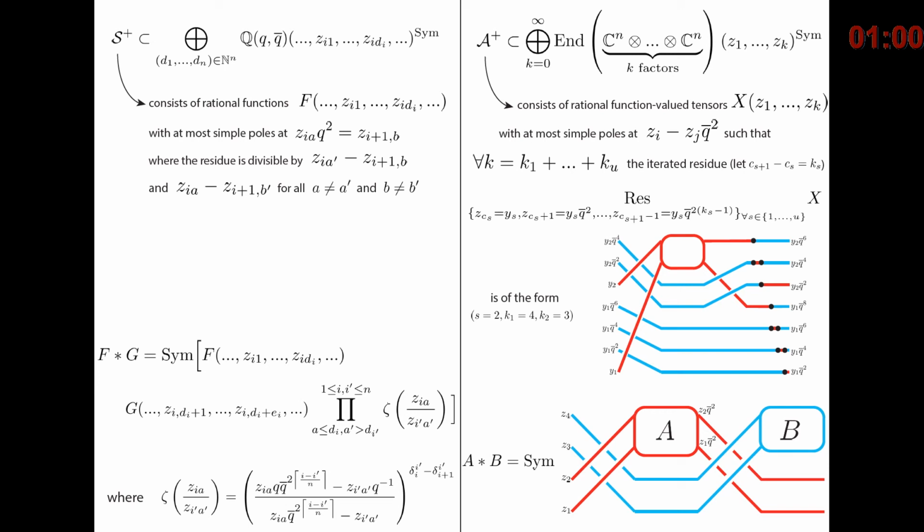And I claim that if you have this assignment over here and the fact that the Sijs and Tijs go to the horizontal copy of GLN hat inside GLN hat hat, this completely determines an algebra isomorphism.